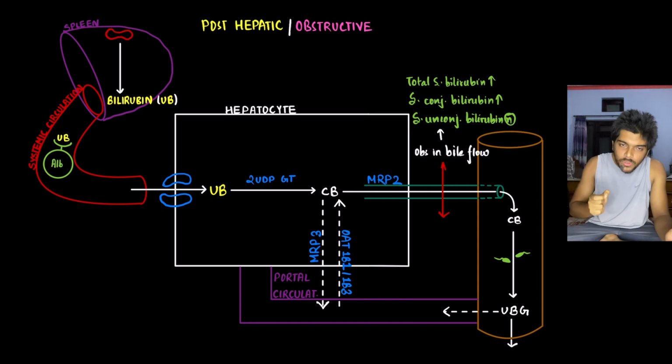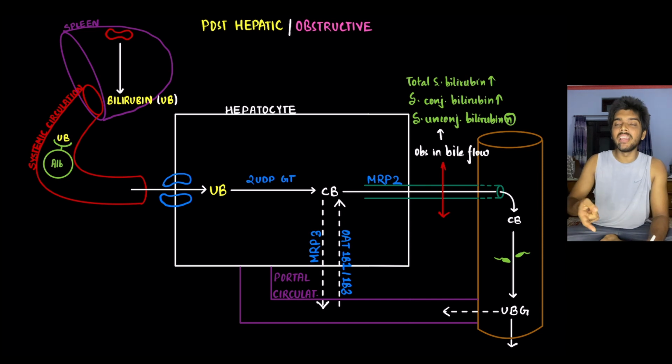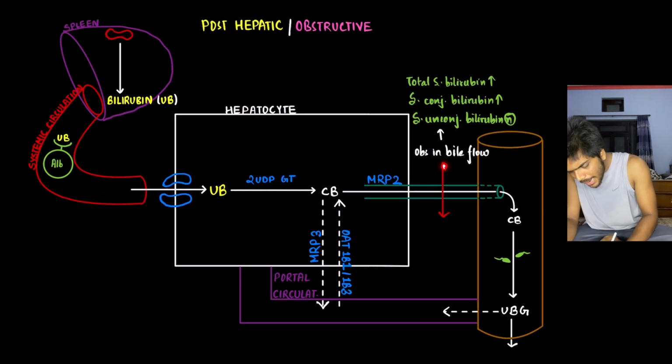Now see, very important point. The fastest way to detect the presence of obstructive jaundice or post-hepatic jaundice or cholestasis in a patient is simply to perform a dipstick in the urine of the patient. And when you examine the urine of the patient, you will find that there is no urobilinogen in the urine. Why? See, there is obstruction in the bile flow.